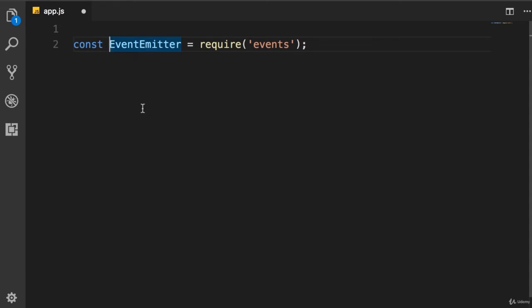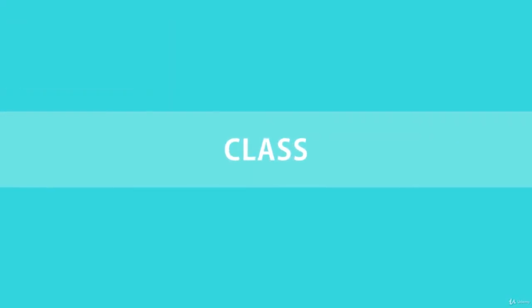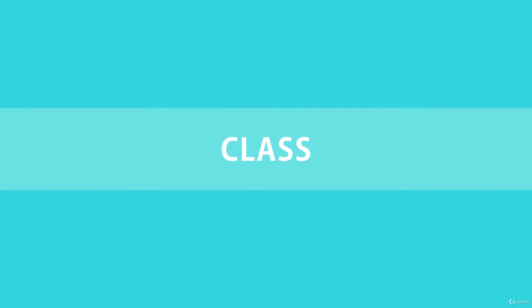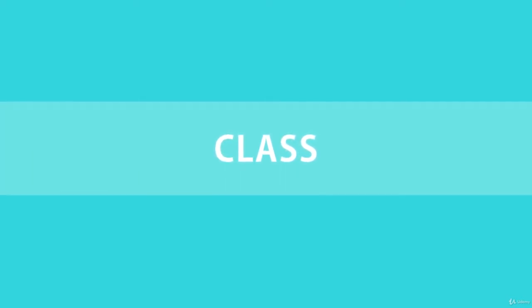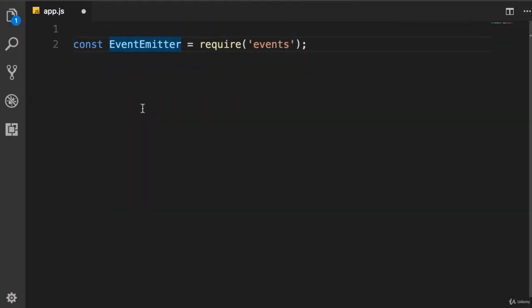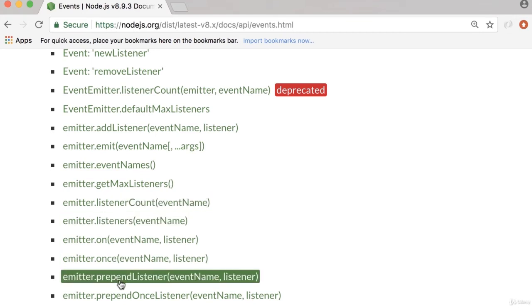This is a convention that indicates that this EventEmitter is a class. It's not a function, it's not a simple value, it's a class. A class is a container for properties and functions, which we call methods. So in this EventEmitter class, we have these methods that you see here in the documentation. So a class is a container for a bunch of related methods and properties.